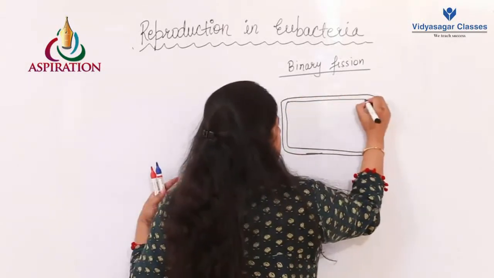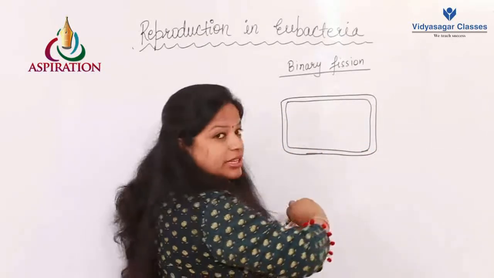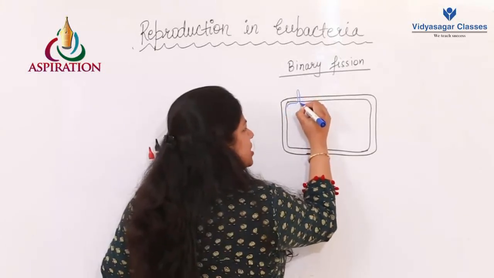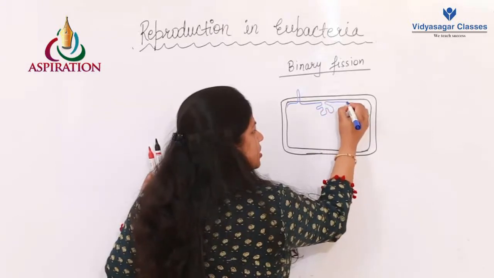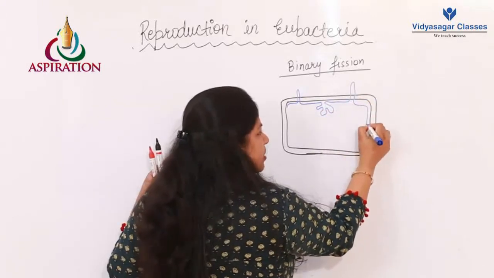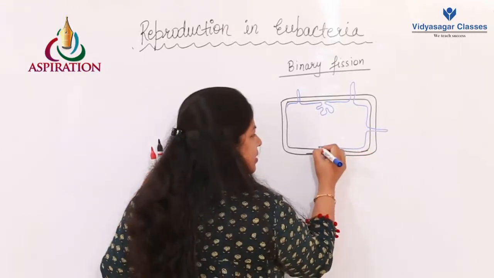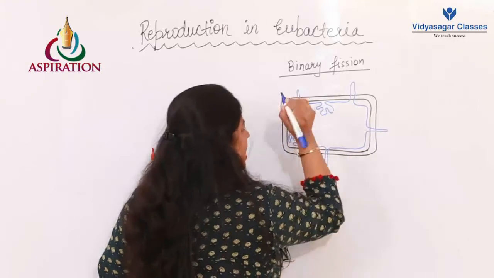We know that the cell wall is made up of peptidoglycan, and inner to the cell wall there is the plasma membrane, which shows certain outgrowths and ingrowths.